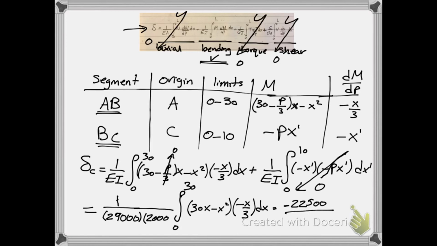kip-feet cubed, over 29,000 times 2,000. And we're going to have to do some unit conversion because this is in feet and these right here are in inches. So let's do that really quick.